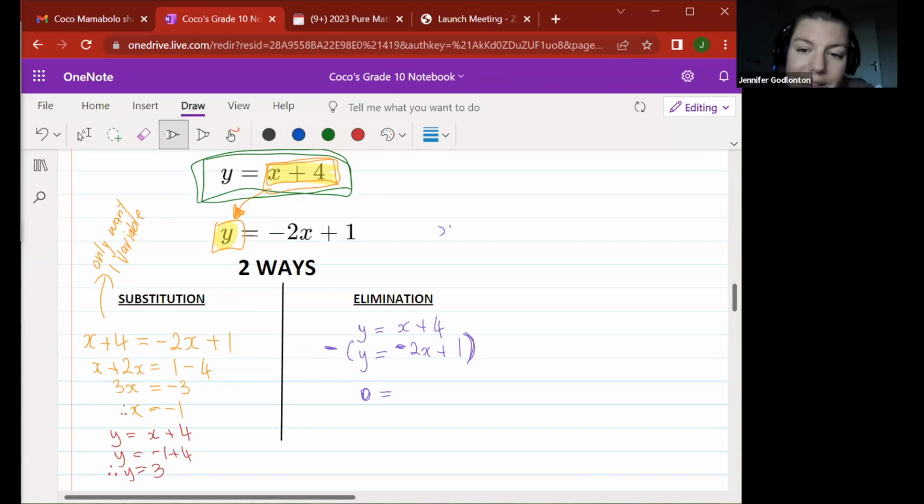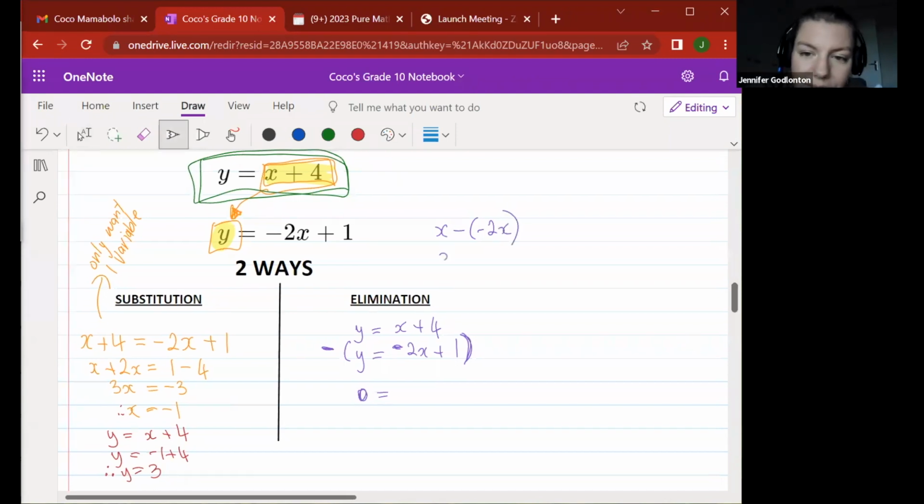So let me write it like this. It's x minus negative 2x. Good. It's going to become positive. Okay. So what is that going to become? What's x plus 2x? 3x. Beautiful. Okay. And then we have 4 minus 1, which is going to give us our 3.